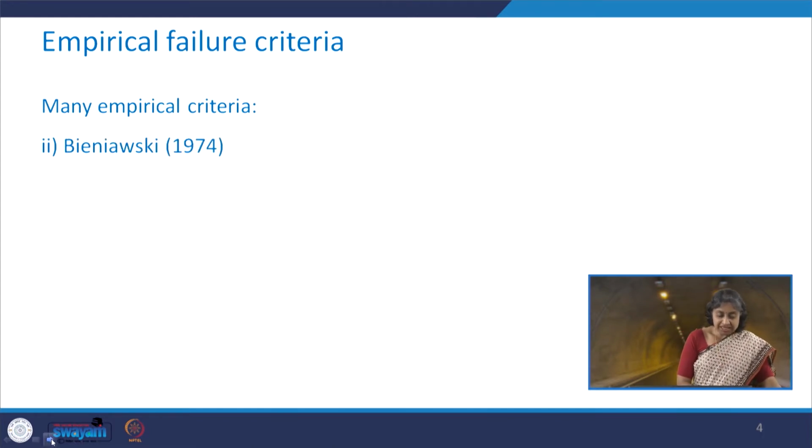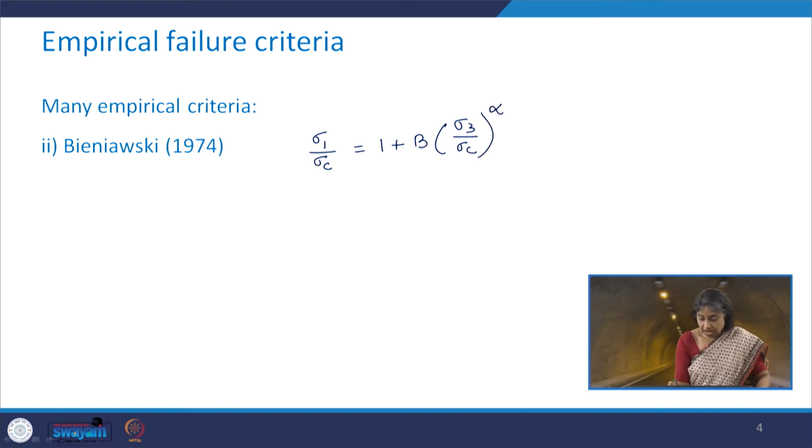The next failure criterion was proposed by Bieniawski in 1974. What he proposed was that sigma 1 upon sigma c is equal to 1 plus b times sigma 3 upon sigma c to the power alpha.